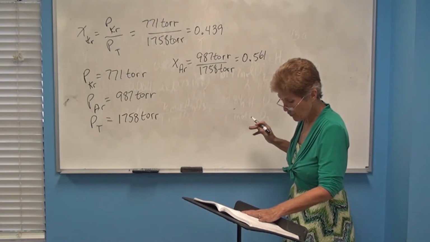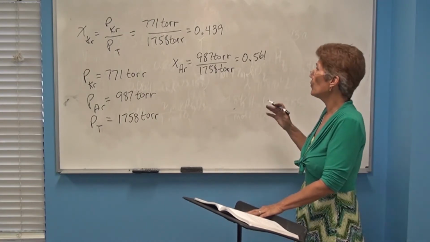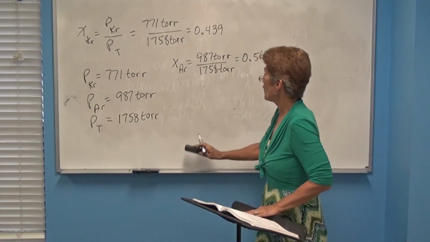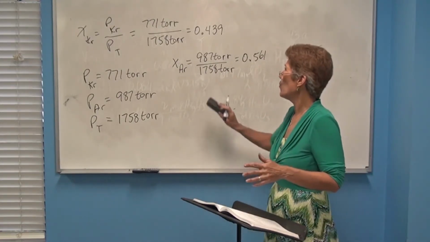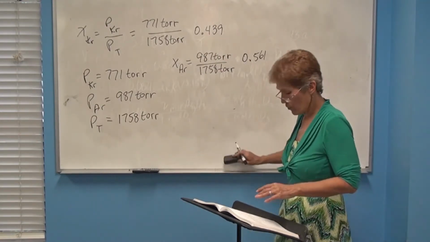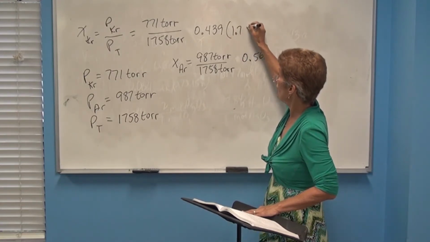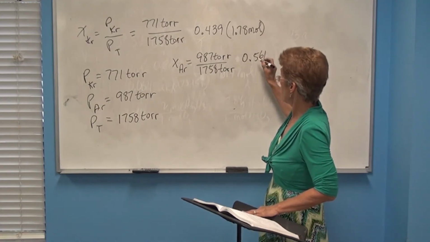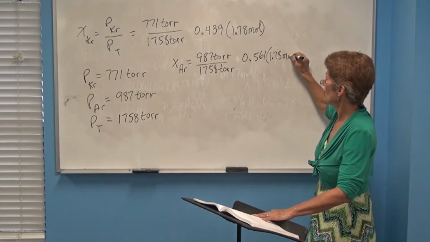Now we have the mole fractions. And we are told what the total number of moles are. It's 1.78. And so we can multiply these mole fractions by the total number of moles to get how many moles there are. So we're told there's 1.78 total moles.